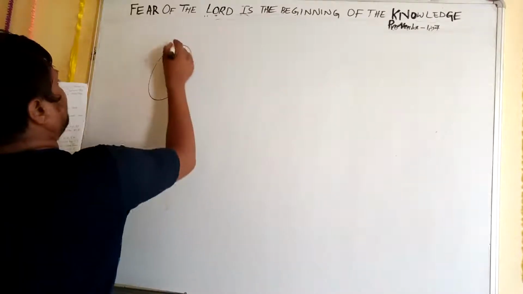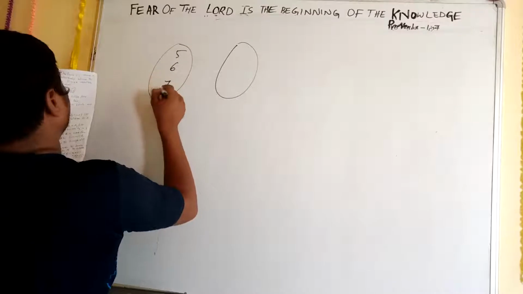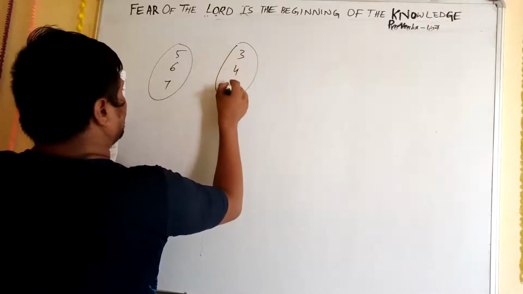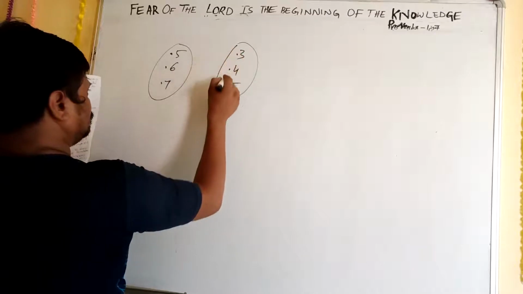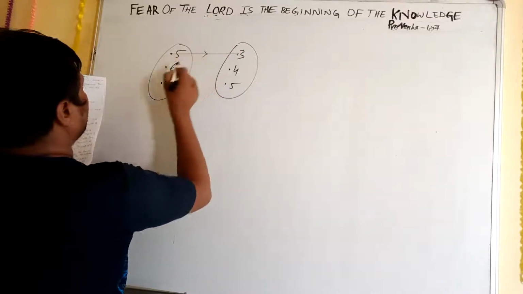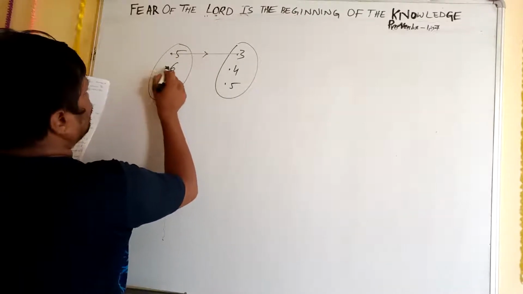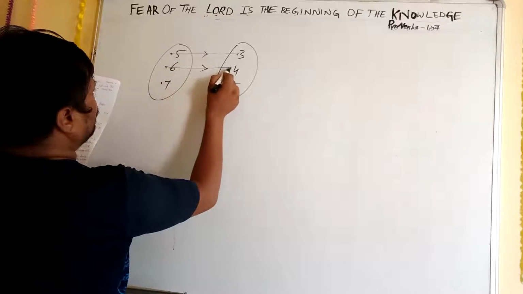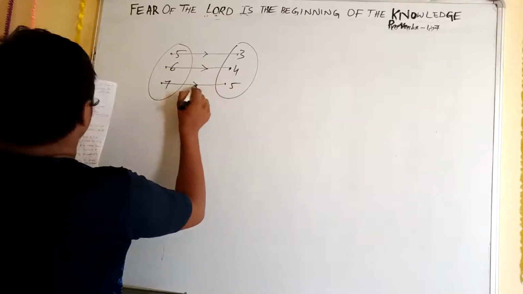The figure given is this: 5, 6, 7, 3, 4, 5. Now first 5 to 3, next 6 to 4, next 7 to 5.